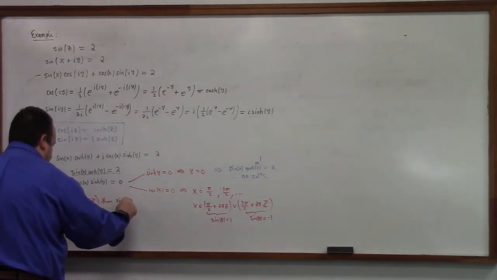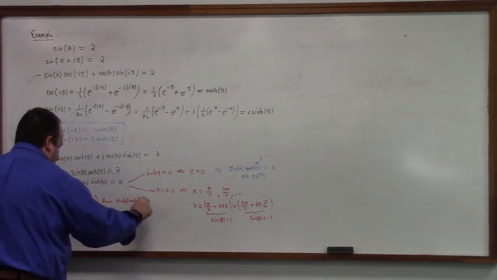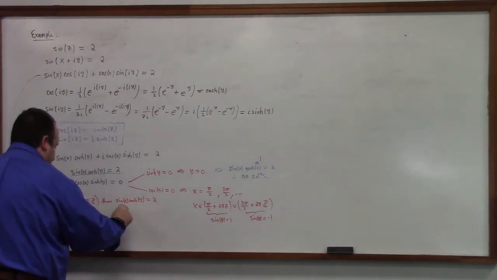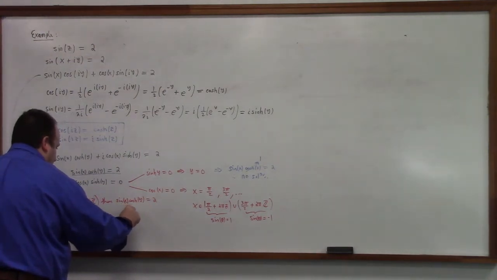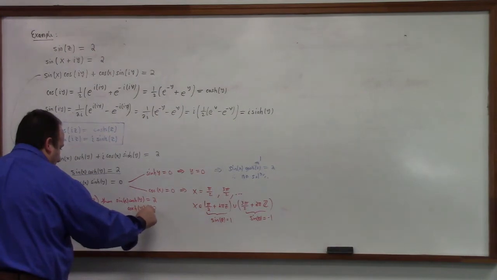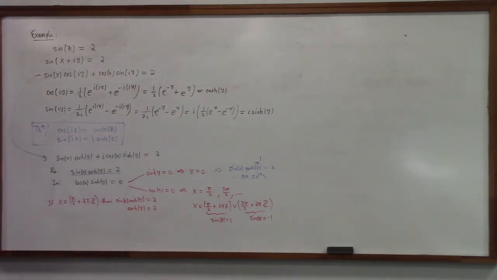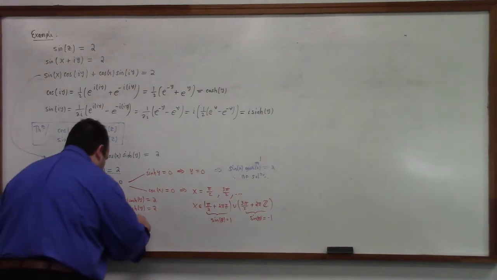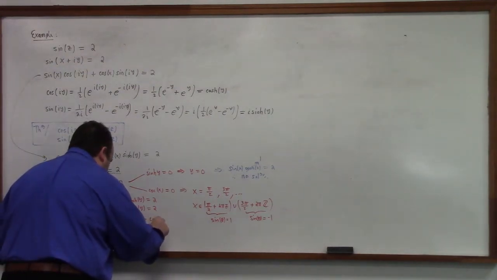sine x cosh y equals 2 becomes what? It becomes just cosh y equals 2, which is fine. Cosh of y can be 2, and so y is equal to inverse hyperbolic cosine of 2.